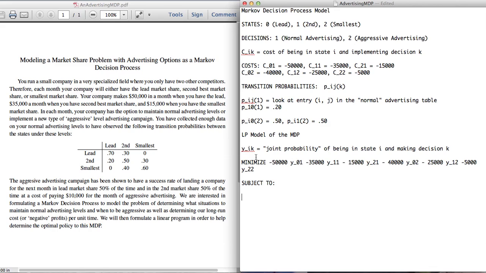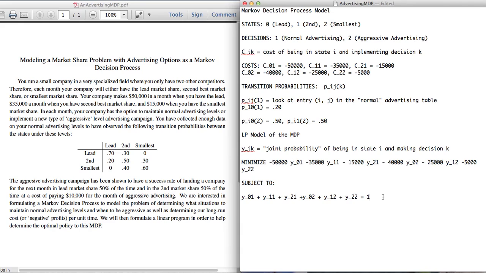If y_ik is the joint probability of being in state i and making decision k, then the sum over all possible state-decision pairs has to equal 1. So our first constraint is y01 plus y11 plus y21 plus y02 plus y12 plus y22, and the sum of them has to equal 1.